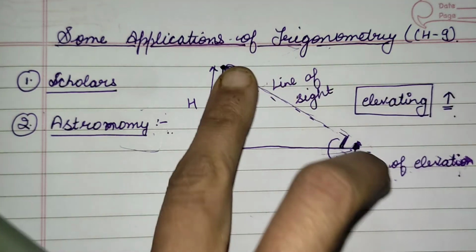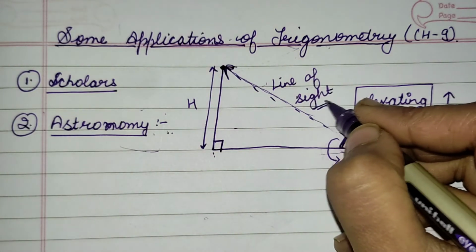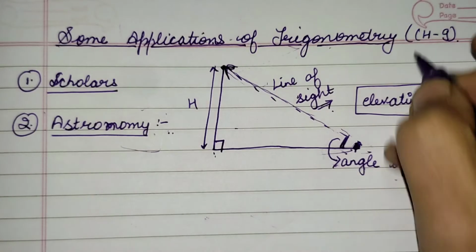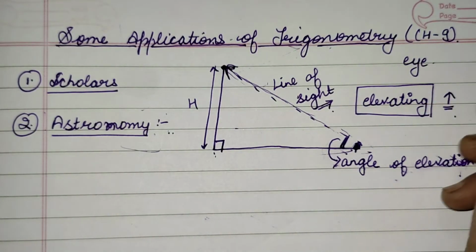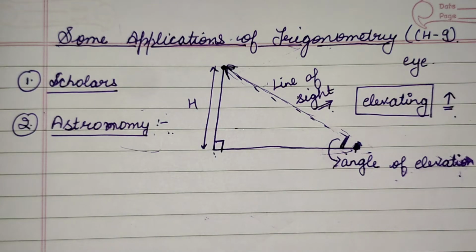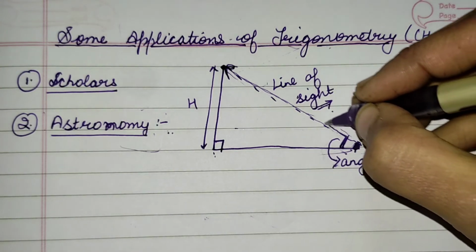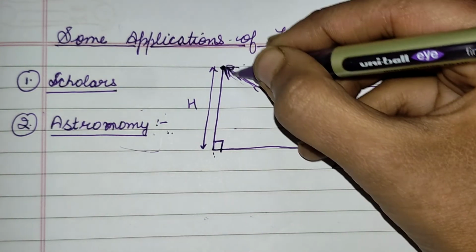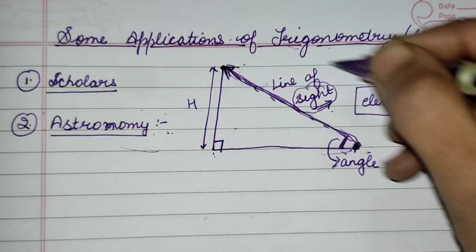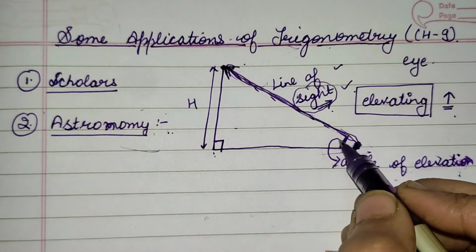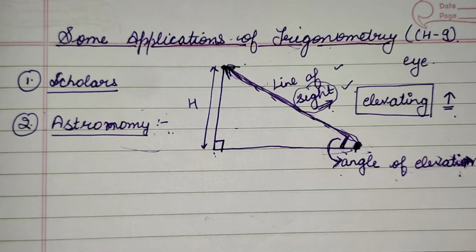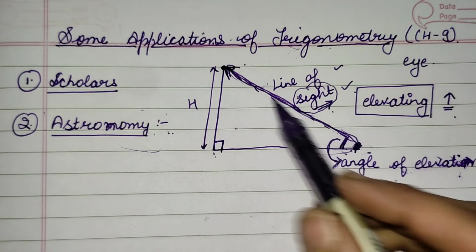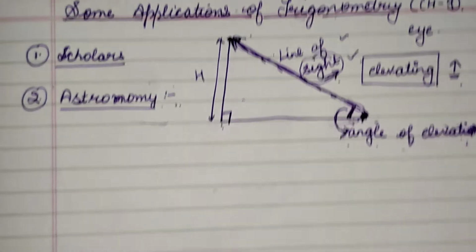This is a line, and sight means to see something. Generally we say our eyesight is getting weak, meaning we cannot see properly. Similarly, you are seeing the tower, so this is your sight, and because it makes a line, it is called the line of sight. This angle is called the angle of elevation because you are looking upward.